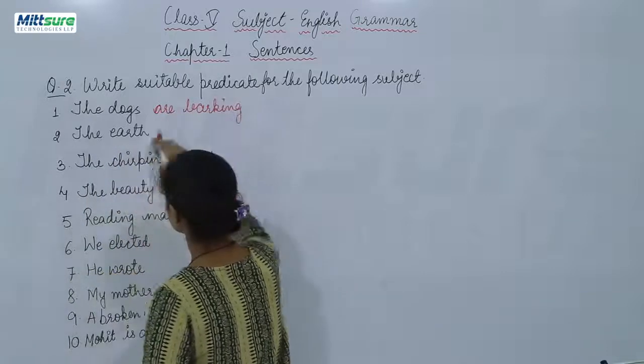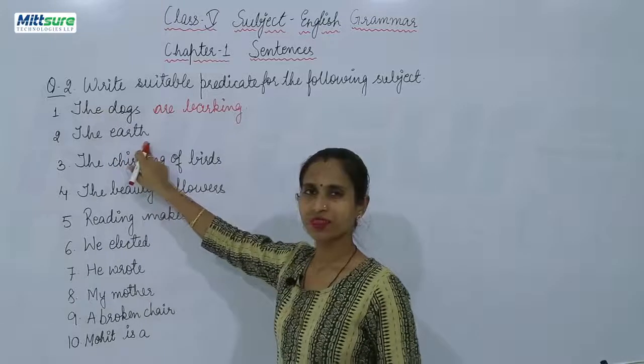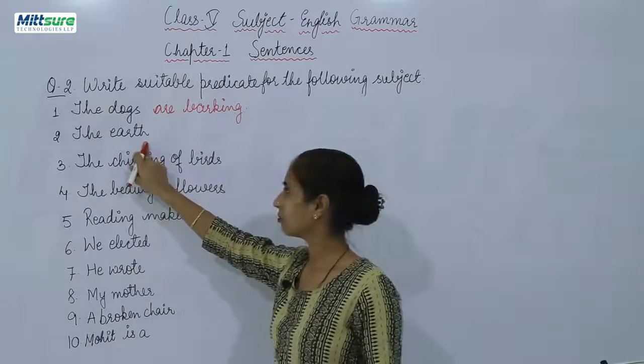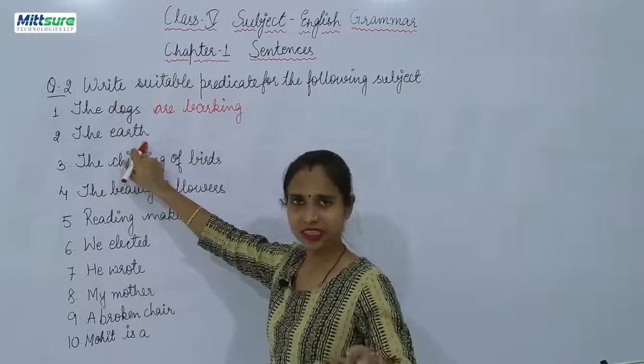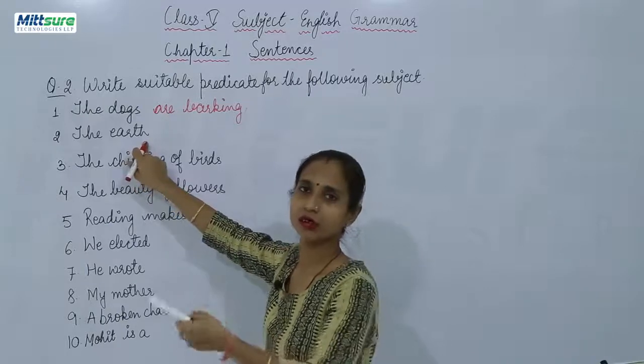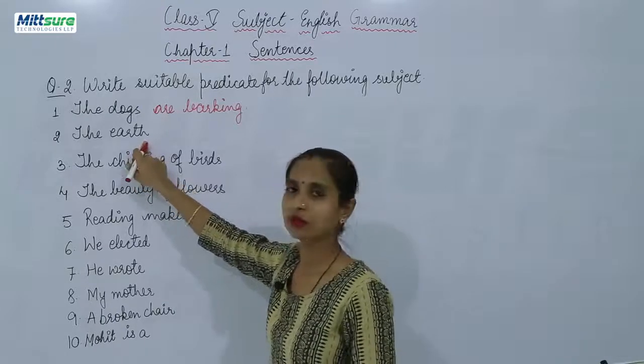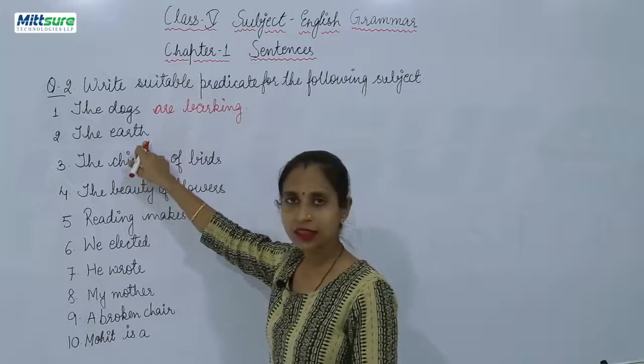Second, the earth. We have already read a sentence about it. The earth revolves around the sun. But let's do something different. The earth is round in shape.